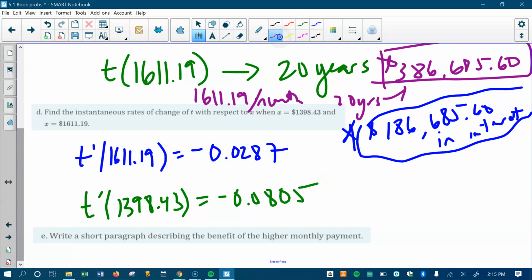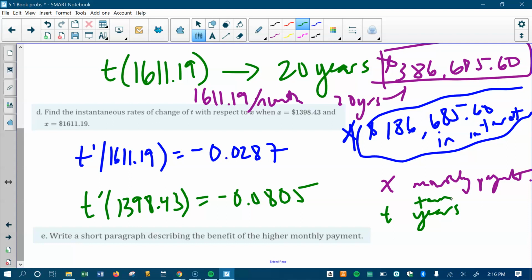So X represents months, monthly payments. And Y, T, represents years. So it looks like when you're paying 1611.19, the term is decreasing by about 0.02 years each year.